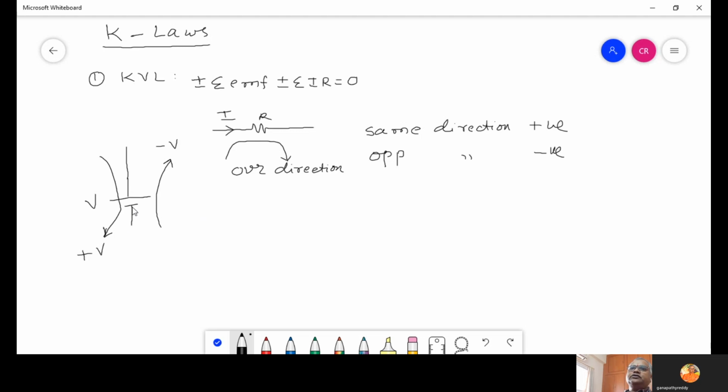If it is a source, we should see the polarity of the source, independent of the current direction in the source.